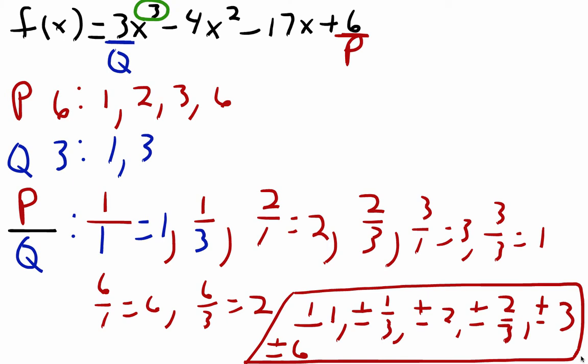We have plus or minus 1, that's 2, plus or minus 1/3, that's 4, plus or minus 2, that's 6, plus or minus 2/3, which is 8, plus or minus 3 is 10, plus or minus 6, which would be 12. So we have 12 possibilities, and only 3 of them, if we put them in our equation and solve it, would give us 0. So that's what we're going to try to find out.